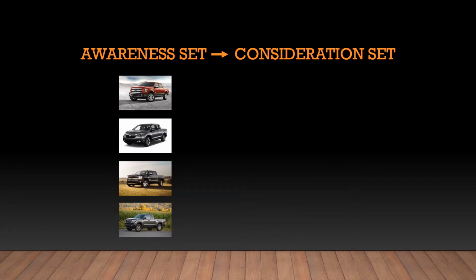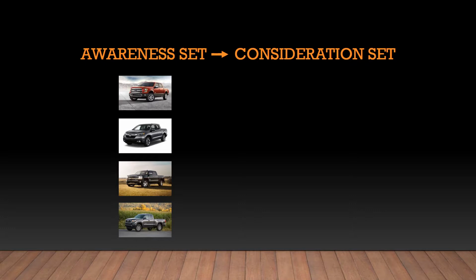So the next action is the awareness set to the consideration set. So here the consumer is going to apply the next highest level of effort, which in this stage usually consists of some sort of preconceived notion that the consumer has about brand associations for each product.